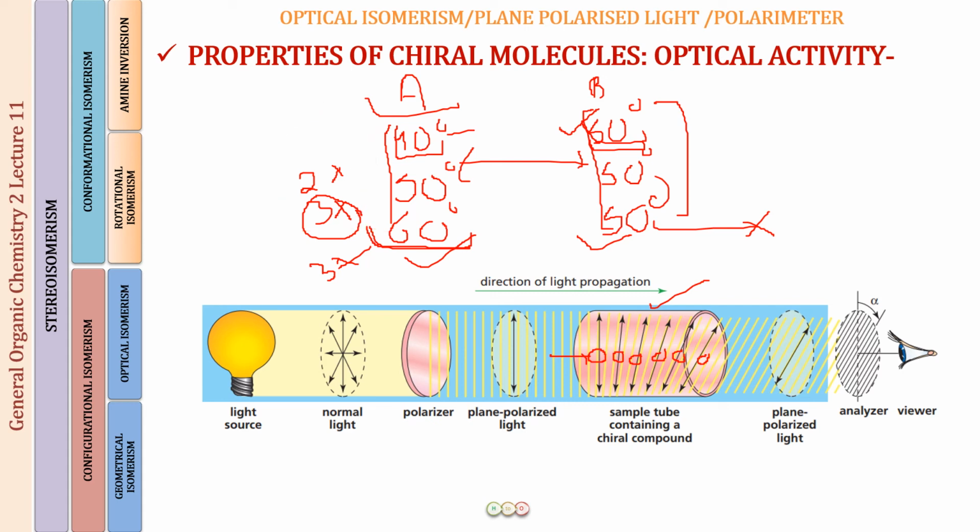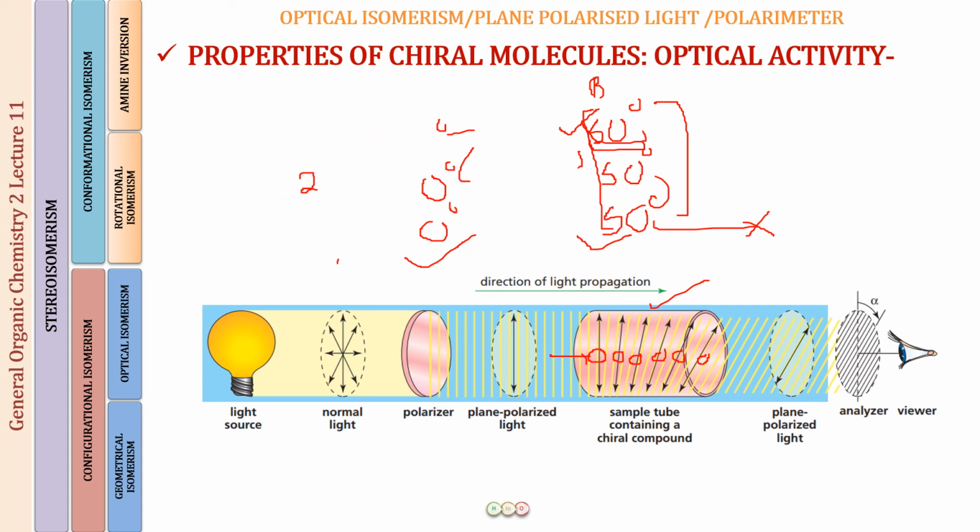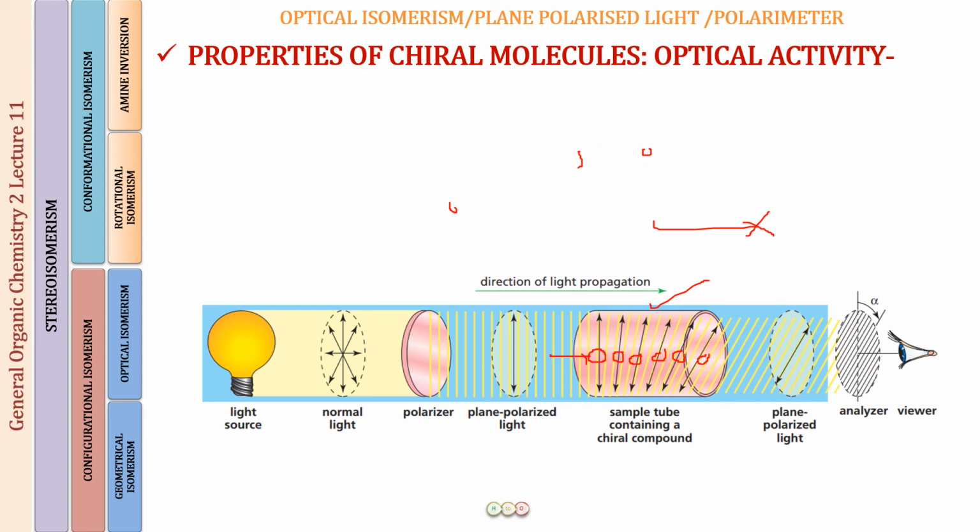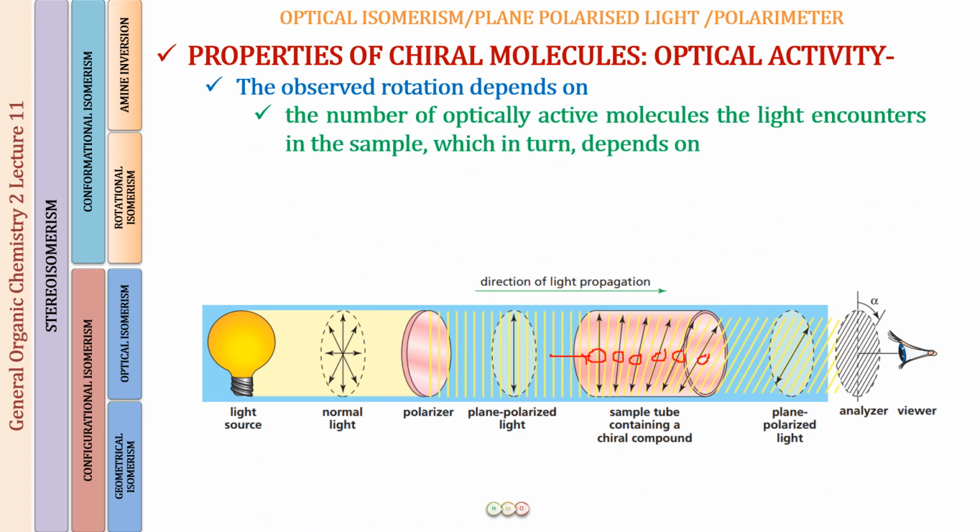So what do you need to know? What you need to know is that this angle of rotation depends on certain factors, and all those factors you should keep constant when you are comparing two substances' rotation to see which is more optically active. So the observed rotation is going to depend upon the number of optically active molecules the light encounters in the sample, which is going to depend upon the concentration of the sample, because the more the concentration, the more the number of molecules that light is going to encounter, and the more the bending.